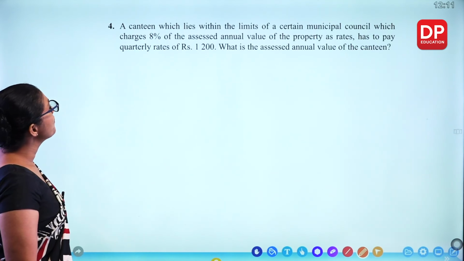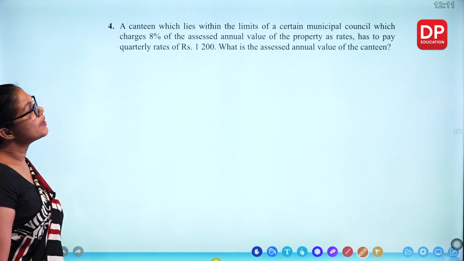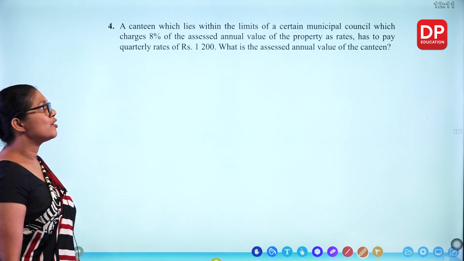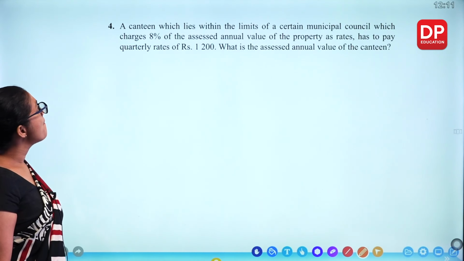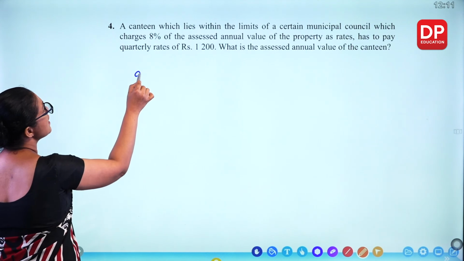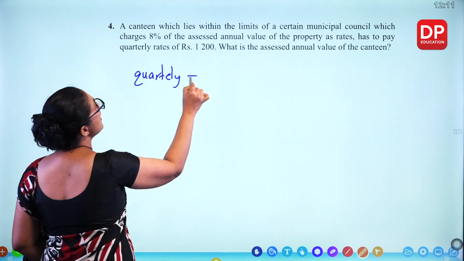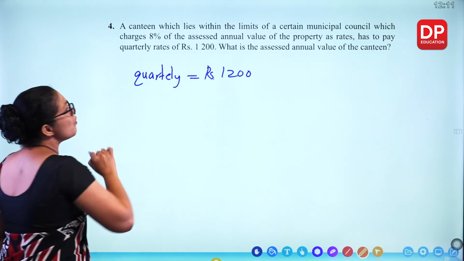Question number 4. A canteen which lies within the limits of a certain municipal council which charges 8% of the assessed annual value of the property as rates has to pay quarterly rates of 1,200. So that's quarterly. Quarterly you have to pay 1,200. What is the assessed annual value of the canteen?